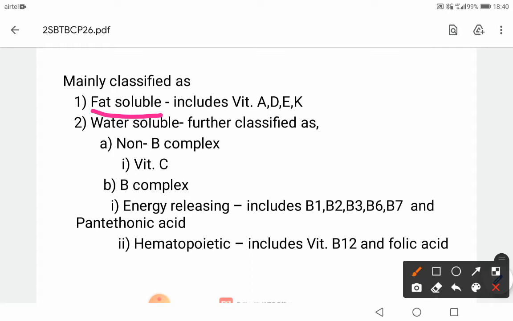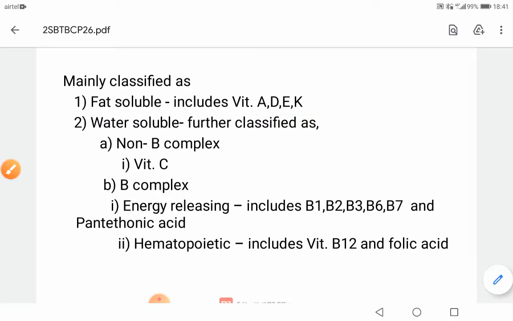Fat soluble vitamins are A, D, E, and K, and water soluble vitamins are non B complex and B complex. In non B complex, we have vitamin C, and we have a lot of vitamins, which we call B complex. So we have B1, B2, B3, B6, B7, and pantothenic acid, and we also have vitamin B12 and folic acid.